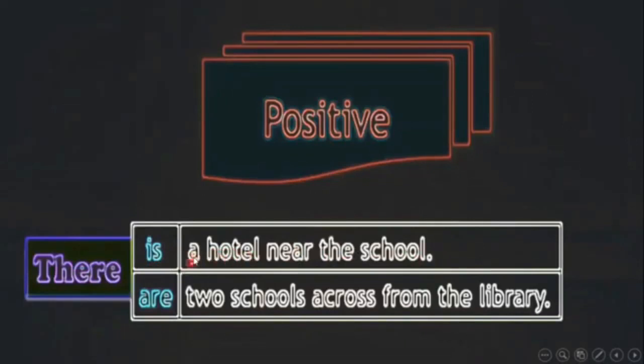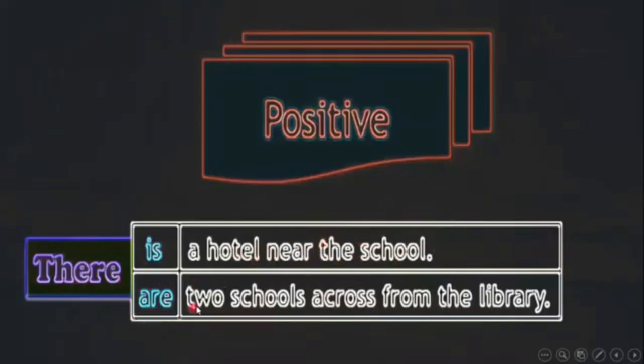A here means this noun is singular noun. Singular noun means اسم مفرد. This means that after there is, we use a singular noun. There is a hotel near the school.